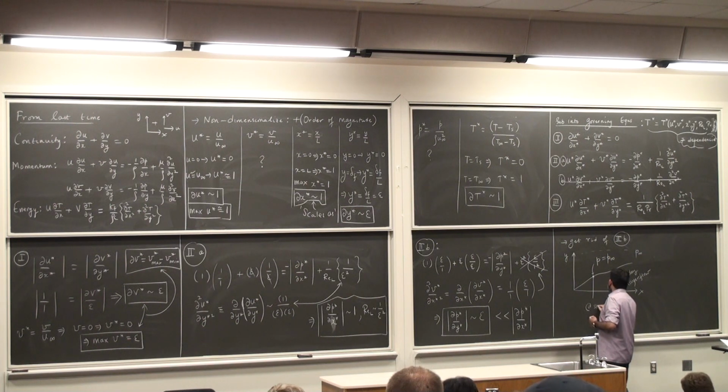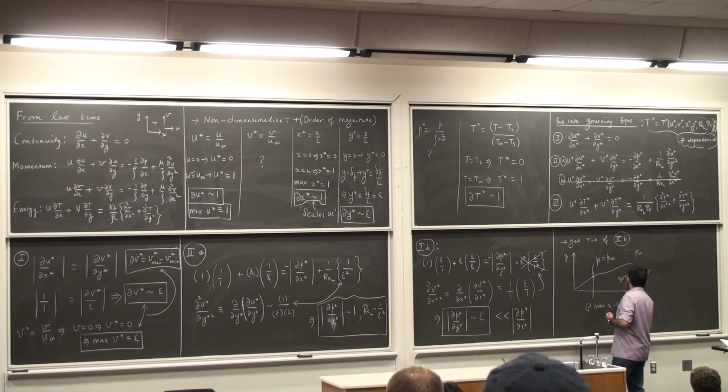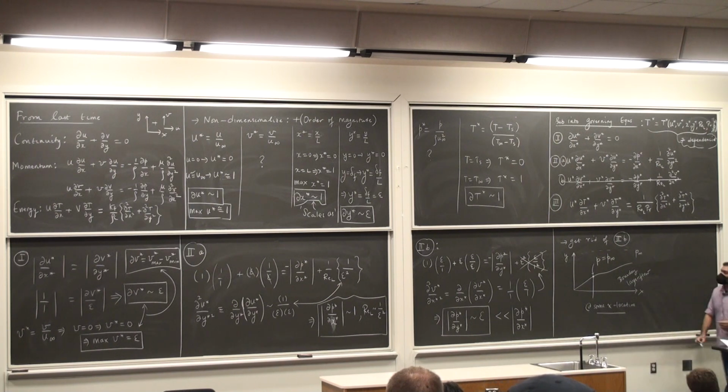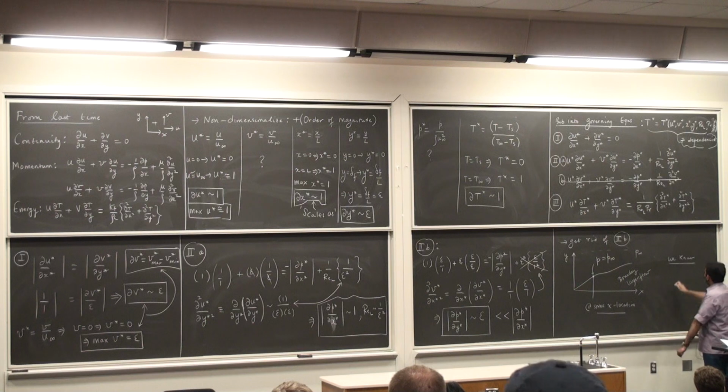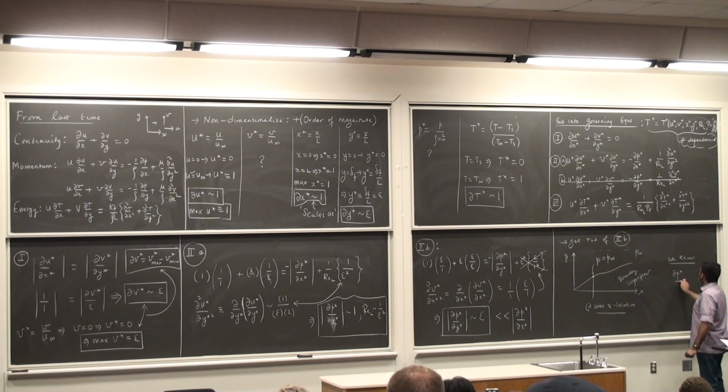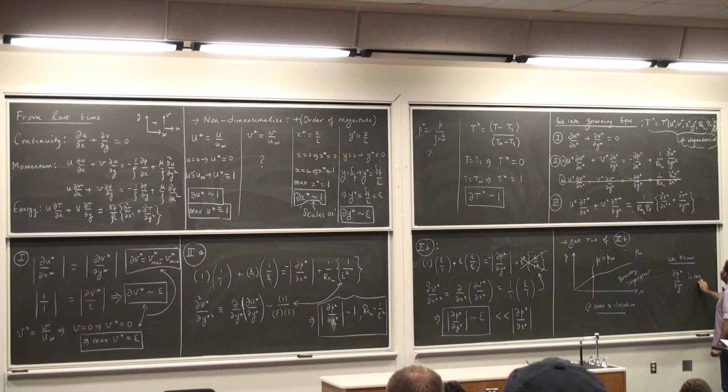At some x location. What do we know? We know that dp star by dy star is negligible, right? We just figured that out. dp star by dy star scales as epsilon.